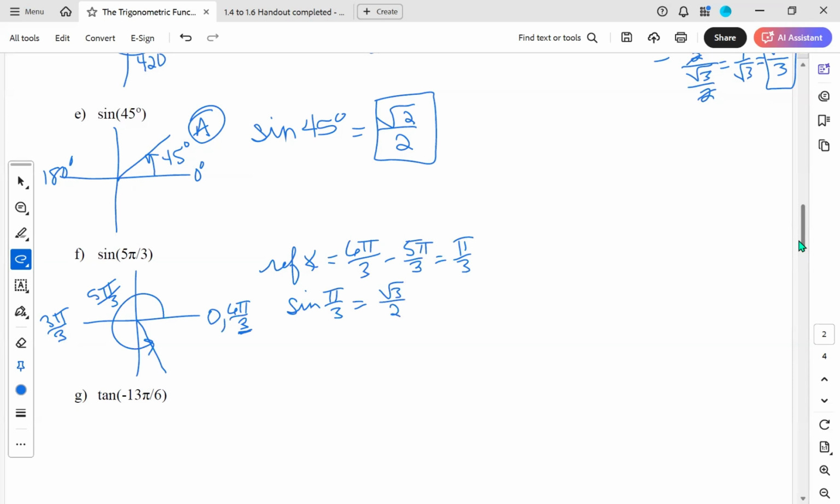But now I need to get it in the right quadrant. So the sine of 5 pi over 3 is going to be negative square root of 3 over 2, because we're in quadrant 4. Again, all students take calculus. So cosine's the only one that's positive, which means sine is negative. And so the sine of 5 pi over 3 is negative square root of 3 over 2.